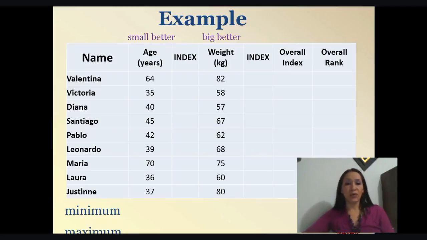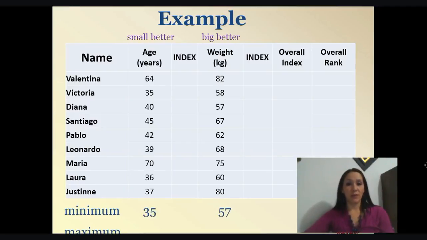So the first thing that we have to do is to calculate the minimum of both variables, the one for the age, that is 35, and the one for the weight, that is 57. Then we are going to calculate also the maximum, that is going to be 70, and 82 for the weight.